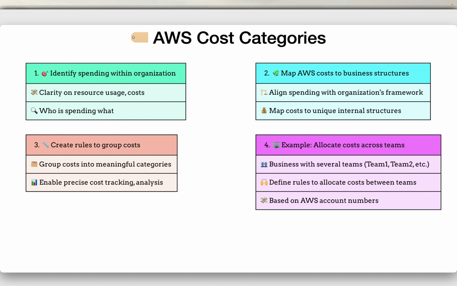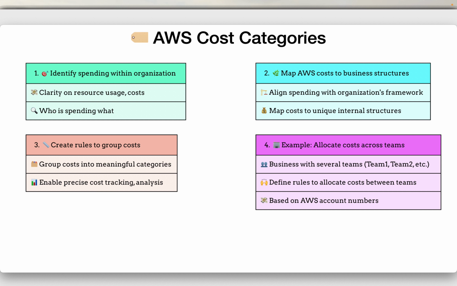For example, let's say there is a scenario where your business has several teams, team 1, team 2, team 3, etc., and they are spread across multiple AWS accounts. Then you can define rules to allocate costs between these teams based on account numbers.